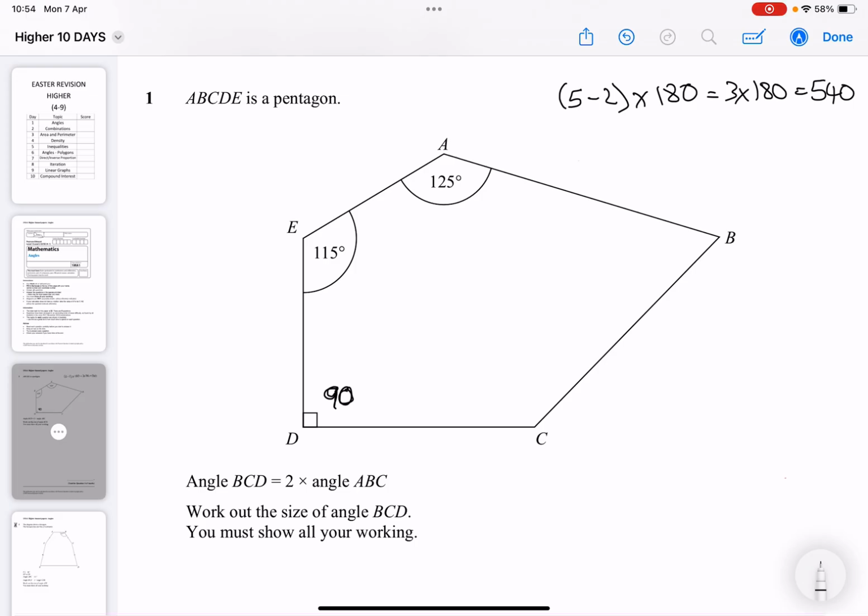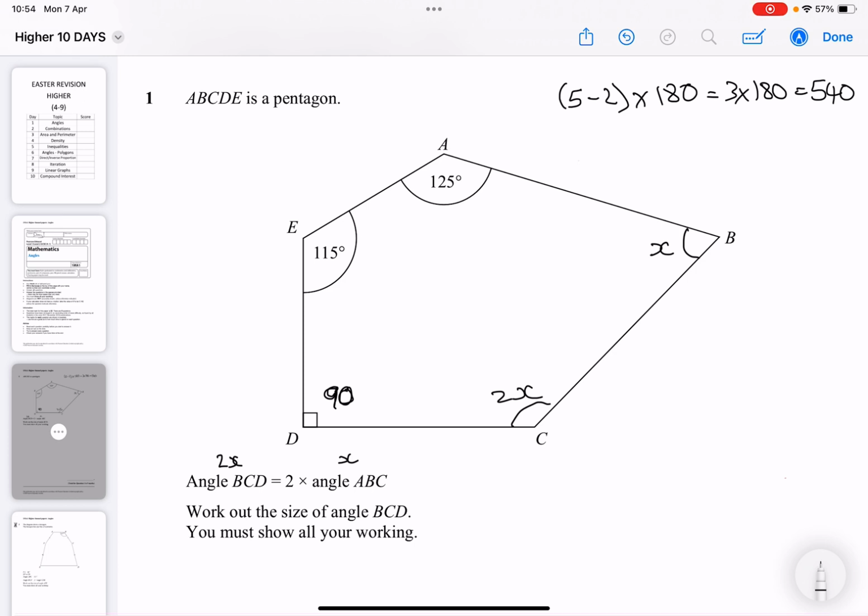Then read this: angle BCD is 2 times angle ABC. That means that angle ABC is the smaller one. So I'm going to call ABC, that's this one, x, and BCD, 2x.